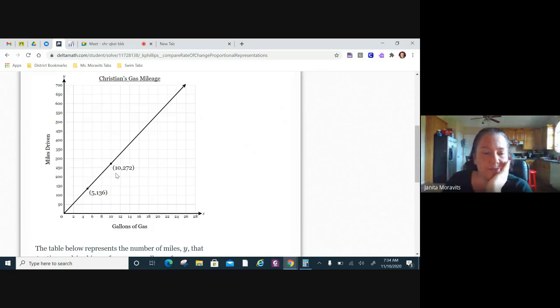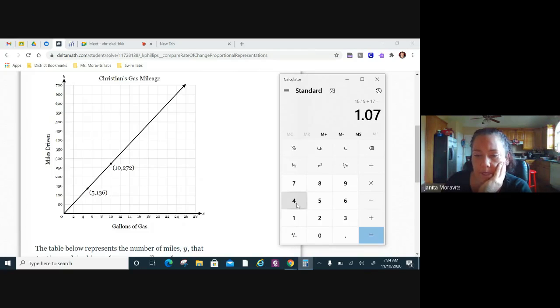All right, the easiest one I see is right here. If he can go 272 miles on 10 gallons of gas, that's going to come out to 27.2. But I'll go ahead and do it for you here. 272 divided by 10, 27.2.